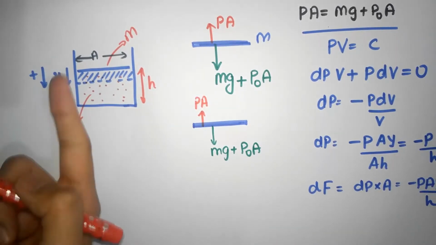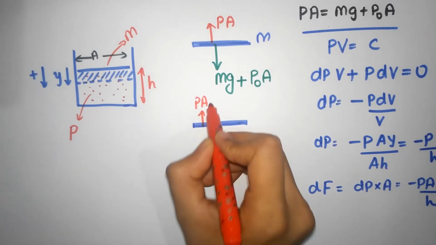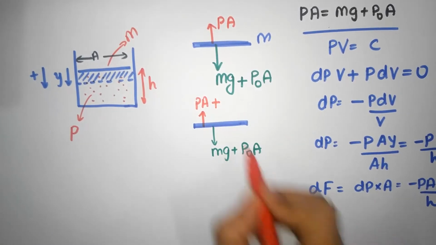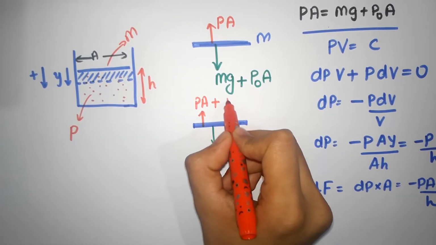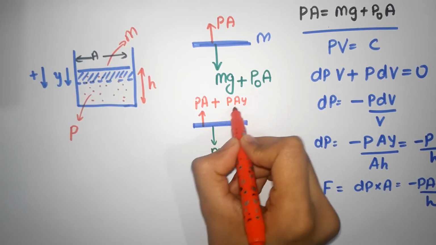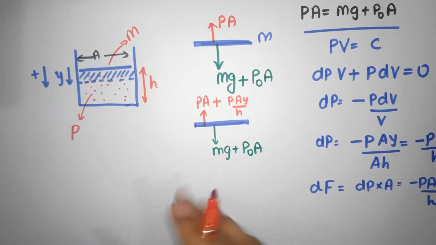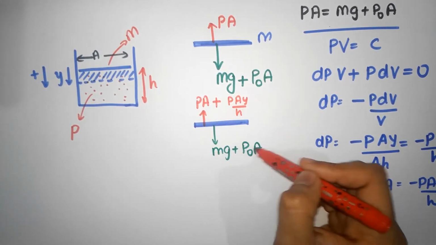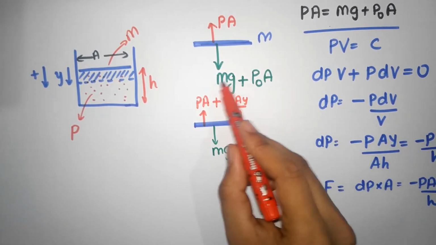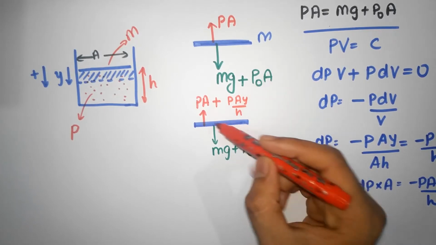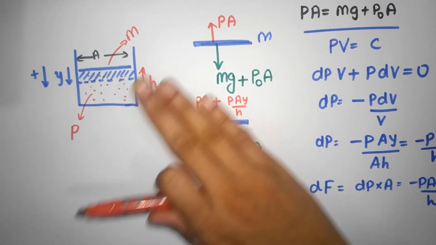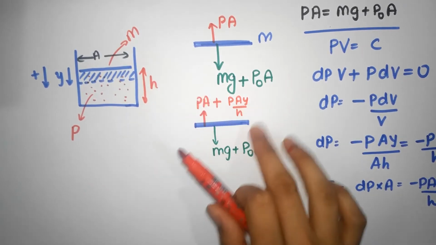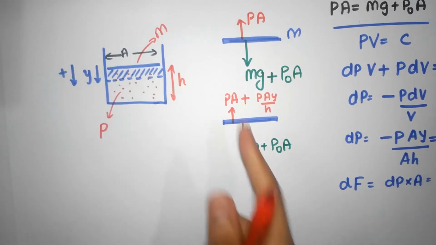The minus sign is already telling us it's upward, so if I put the magnitude, the additional force is going to be this dF, that is PAy divided by h. Notice, it's this additional force that's the net force now, because these two are just cancelling each other out. That's why I told you that it really doesn't matter whether they put this into the picture or not. This guy is going to cancel out with this guy. So the net force is only PAy divided by h, in the upward direction.